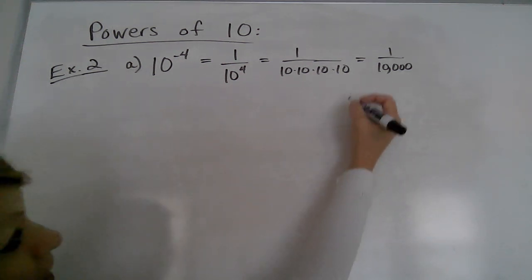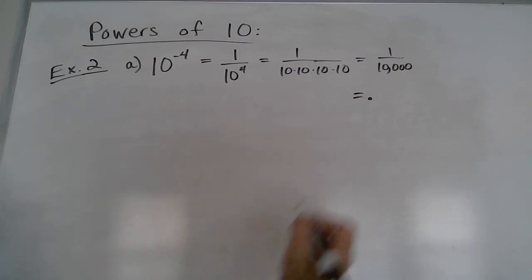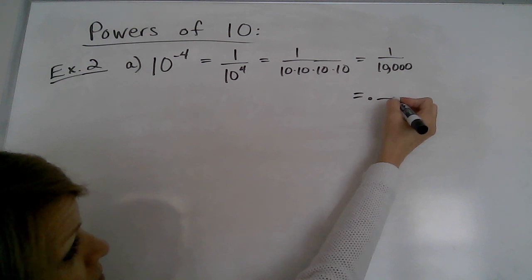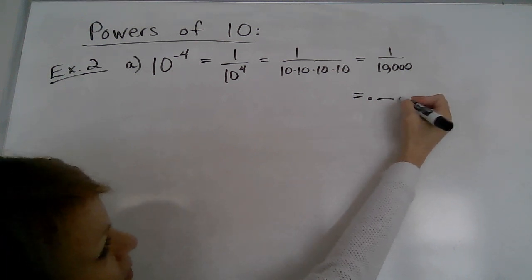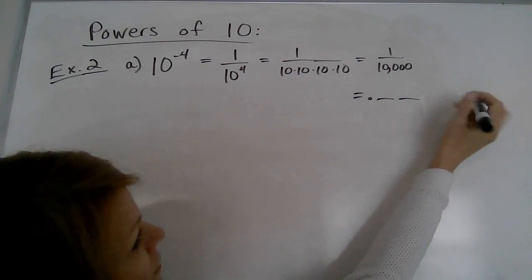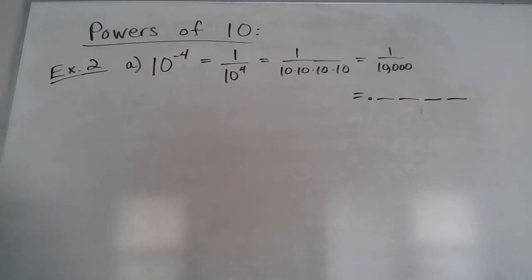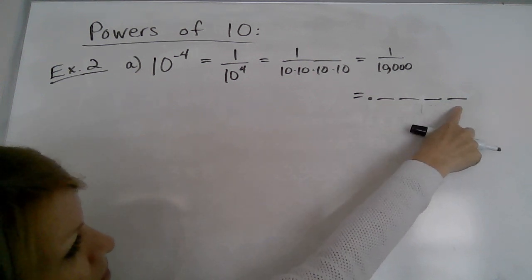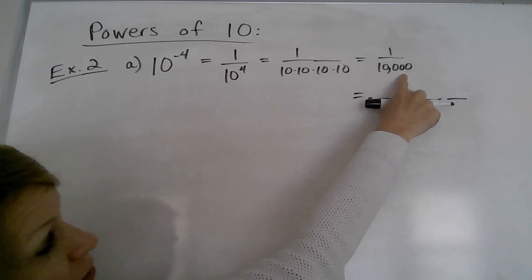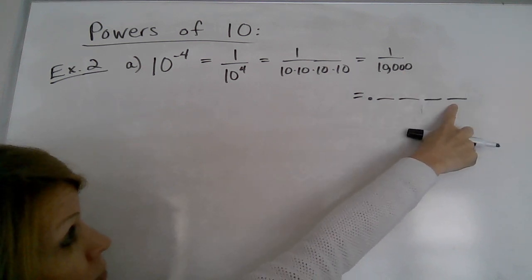Now, 1/10,000th as a decimal, because decimals are what we use when we talk about scientific notation, you need to remember your place values. So the first place value after the decimal is your tenths, then your hundredths, then your thousandths, then your 10,000ths. That's our denominator, 10,000th. So that's the last place value that we are going to be using.